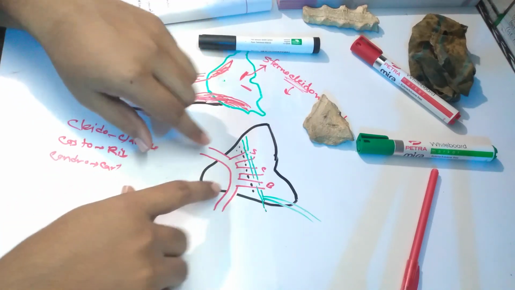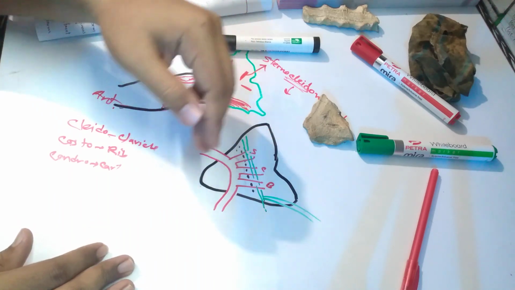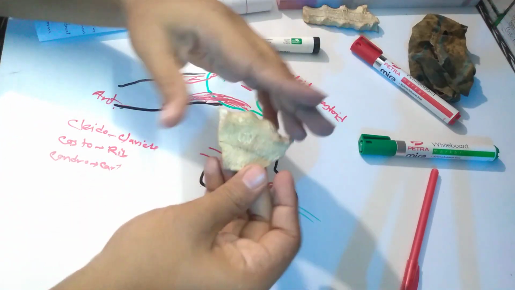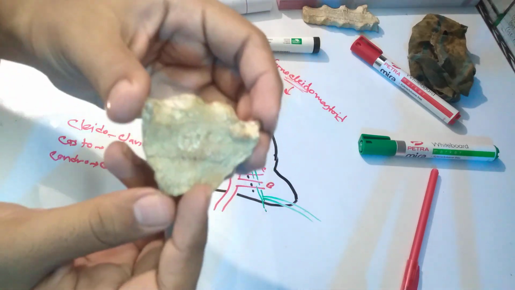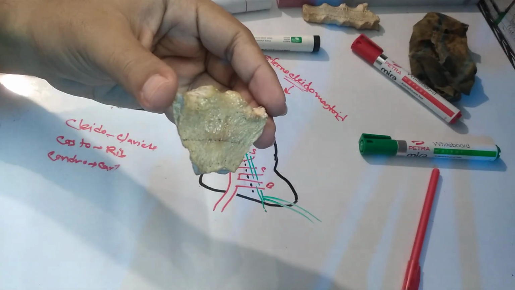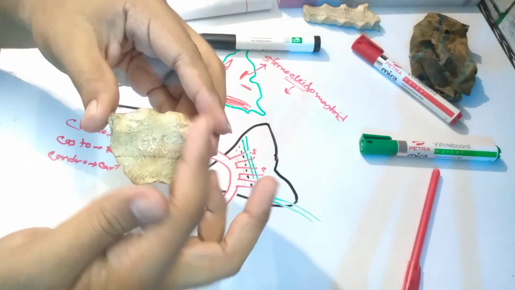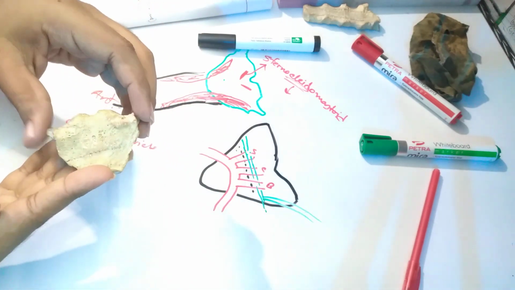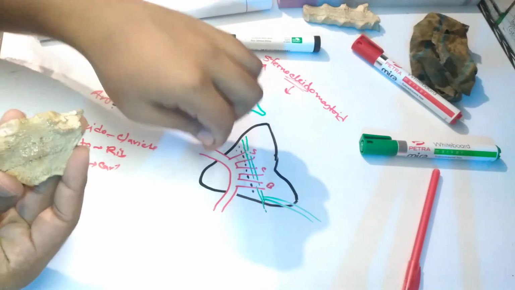It is present in the lower half of the manubrium, and the upper half of the manubrium contains BCS, that is the branches of arch of aorta.